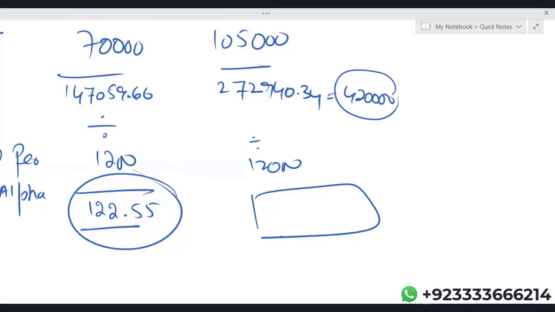I'm getting 22.745. Even though they have not asked, this is how we calculate for beta.